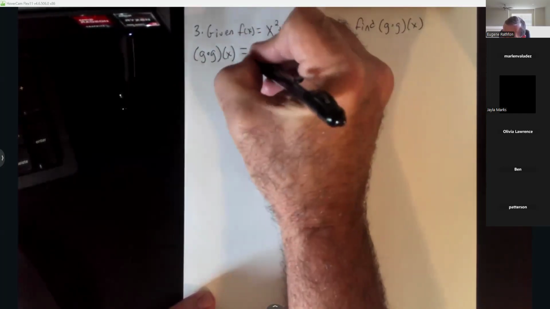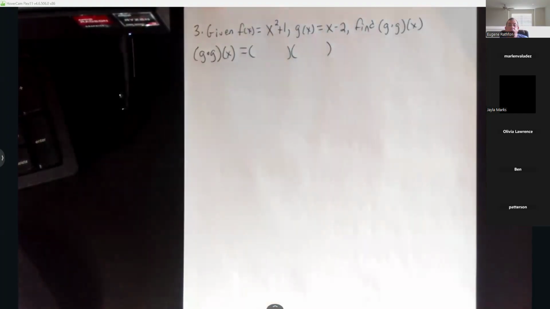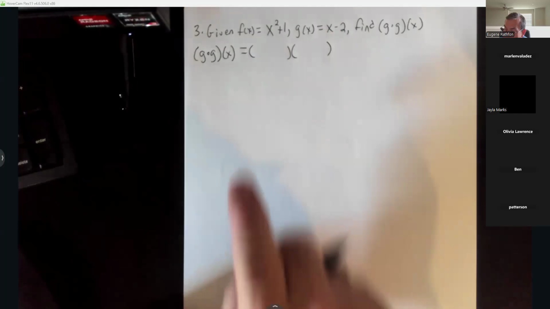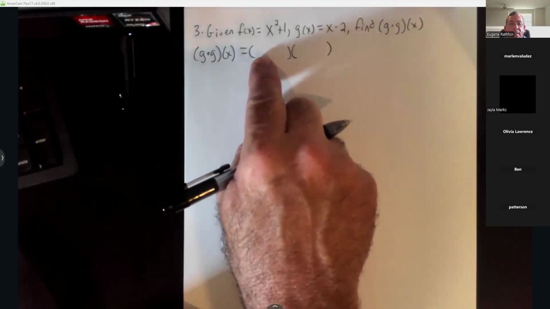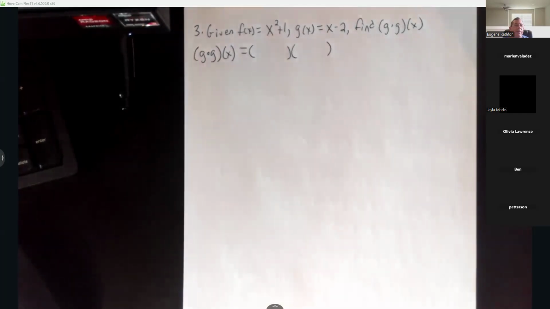So since I'm multiplying, I'm going to put my two parentheses right next together. So it looks like we're going to FOIL again. But what I want to know is what's going in the first parentheses and what's going in the second parentheses. So let's start with the first parentheses. What would y'all put in the first parentheses?